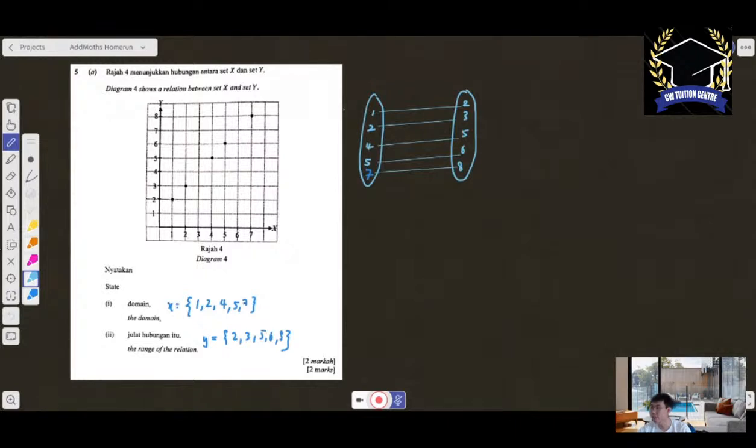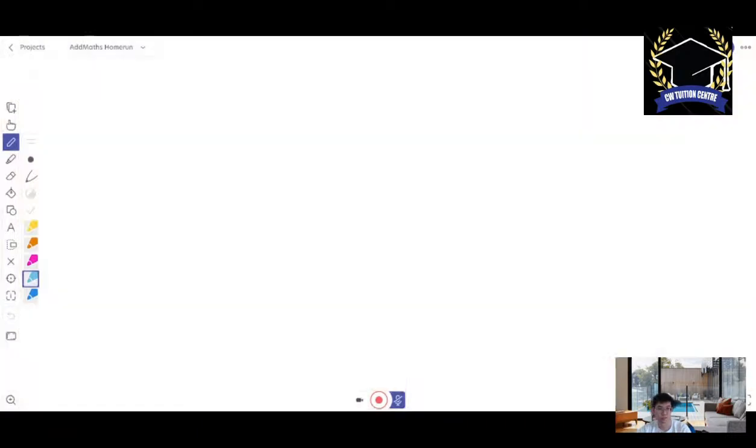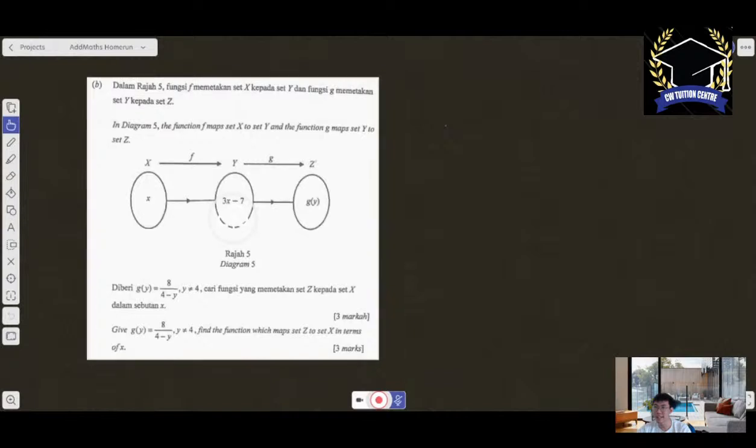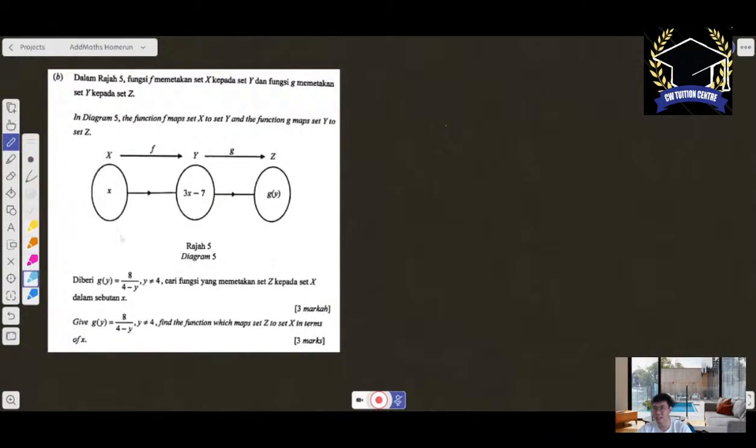And then we are going to take a look at this part here. Question B. In diagram 5, the function f maps set x to y. This is f.